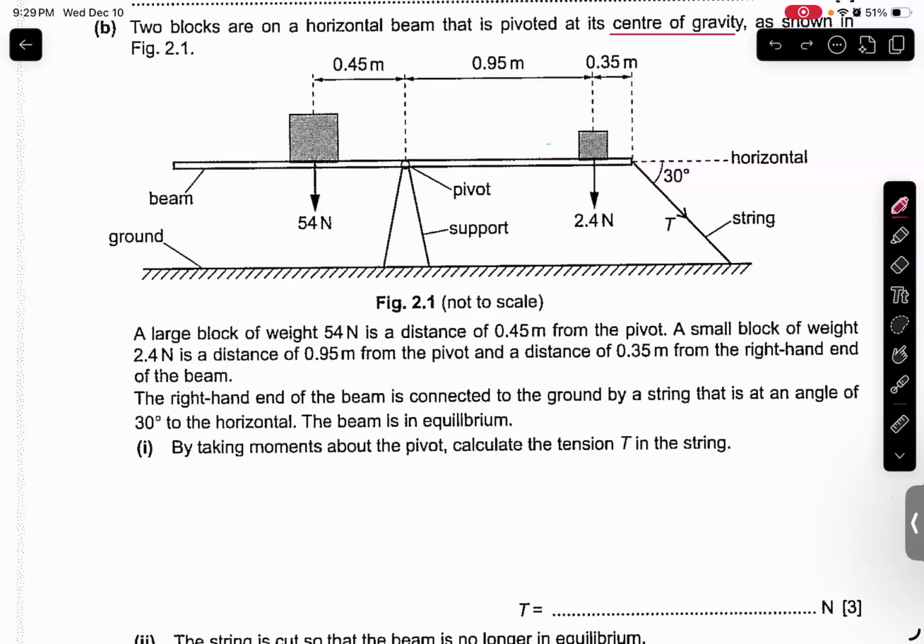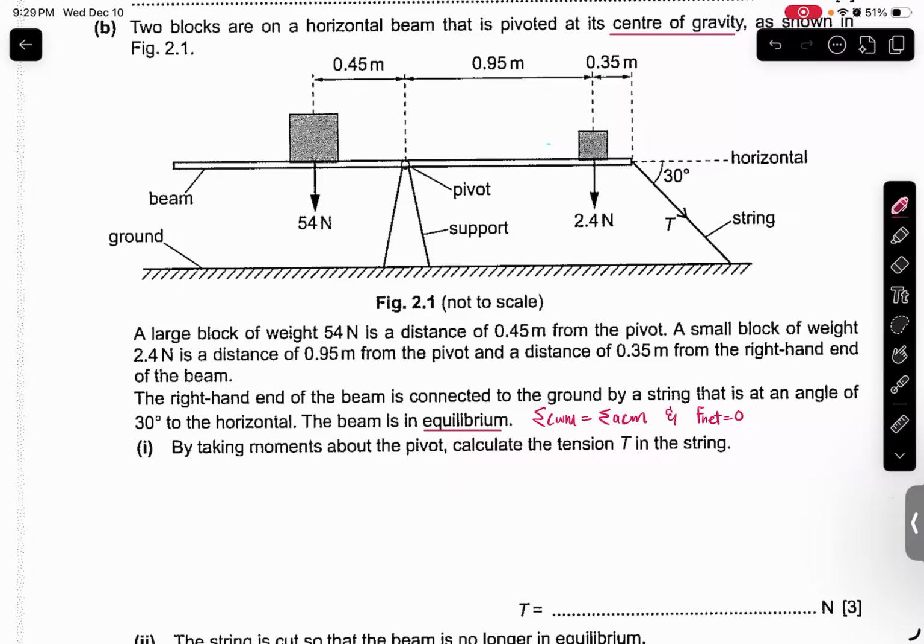The beam is in equilibrium, so that means the sum of clockwise moments equals the sum of anti-clockwise moments, and it also means that F net equals 0; the resultant force is 0. Now, by taking moments about the pivot, calculate the tension T in the string.